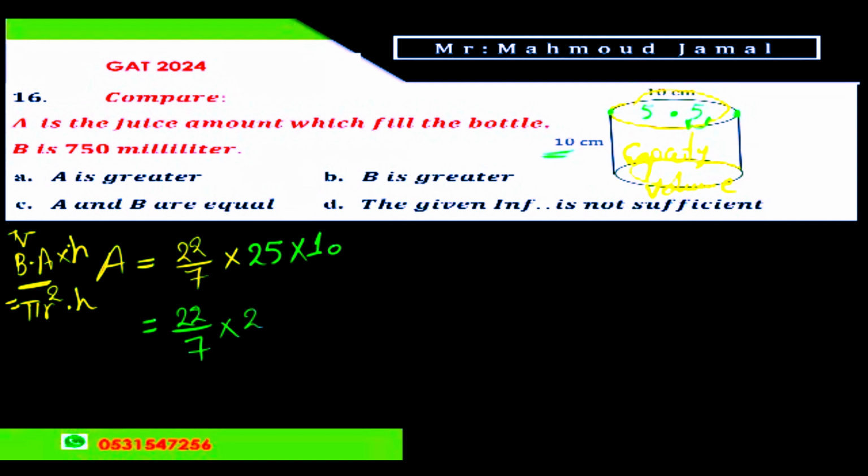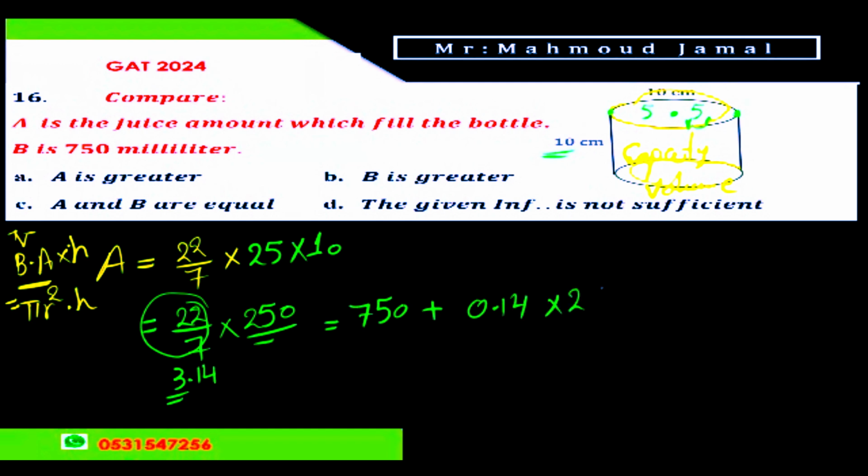We know that 22 over 7 is equal to 3.14. And without multiplying, 3 times 250 equals 750. Then I will add 0.14 times 250.